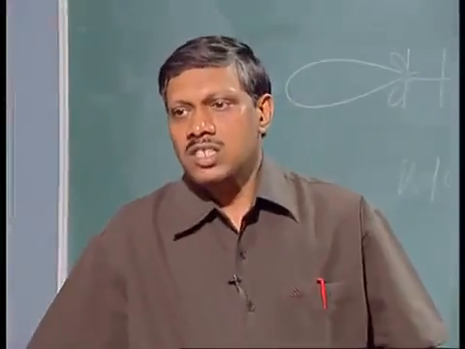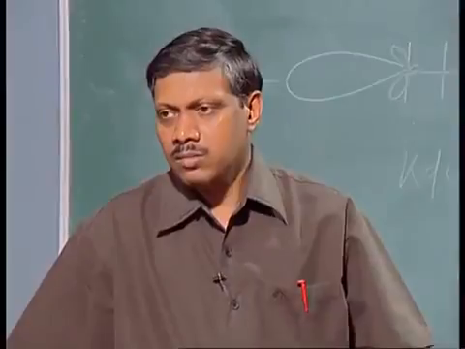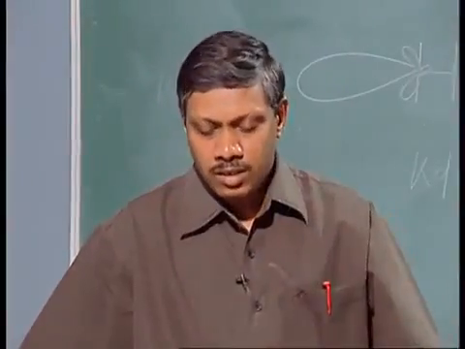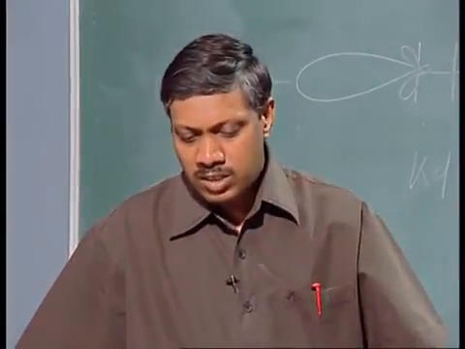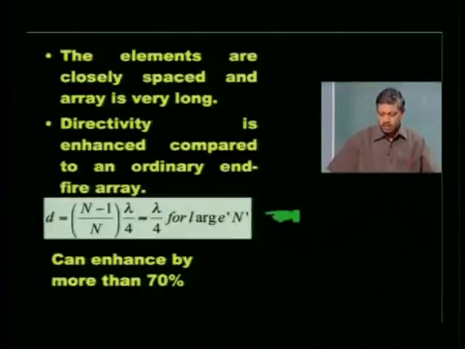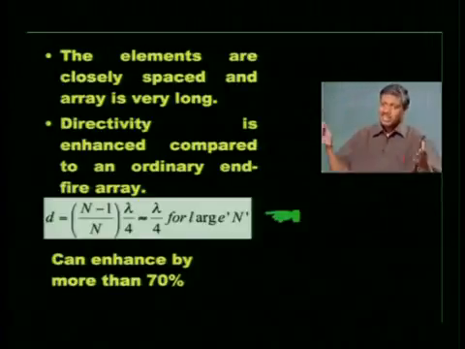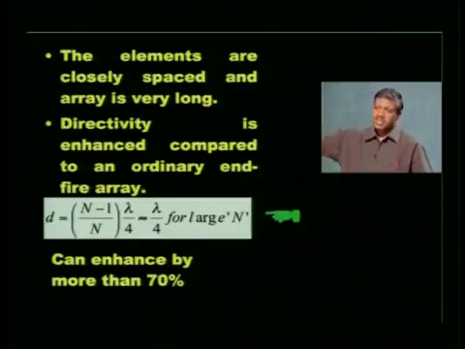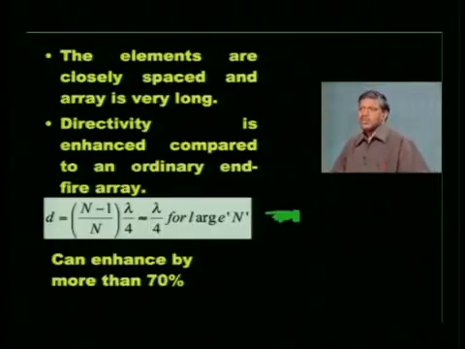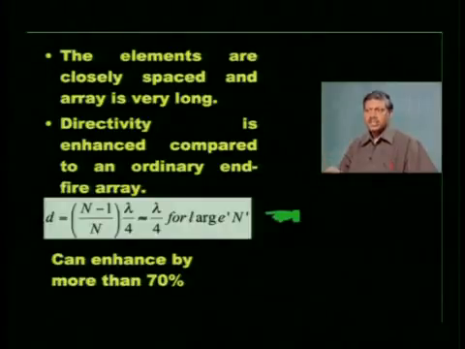Here the directivity is a dependent function of the separation between the elements, and in normal circumstances it is given as n minus 1 by n into lambda by 4. But the Hansen-Woodyard condition is valid for a large array, when the distance is also large. When you are comparing a large array, obviously n minus 1 divided by n will be nearly equal to 1, because n minus 1 and n will be nearly equal.